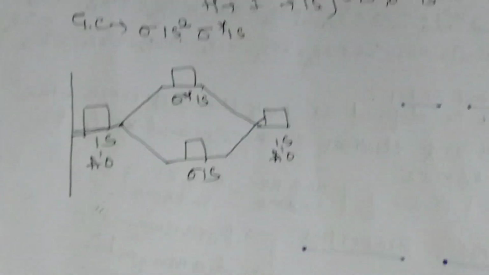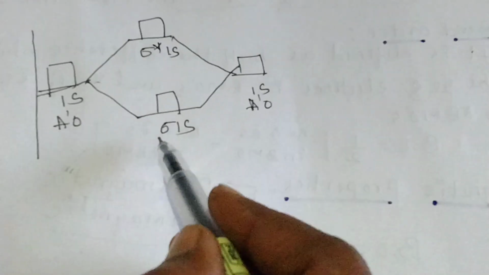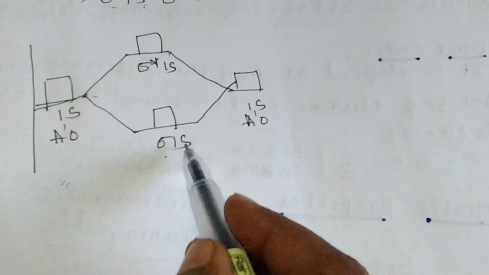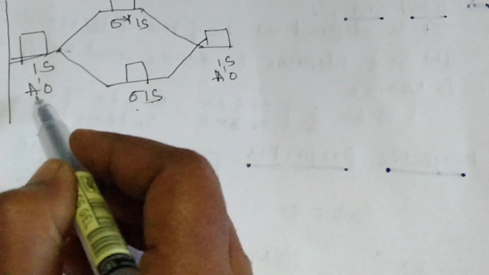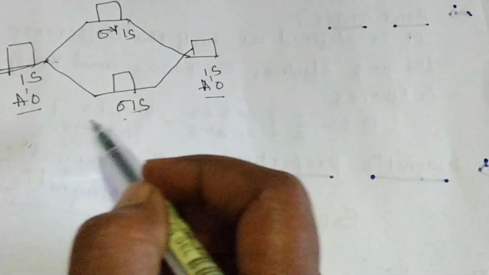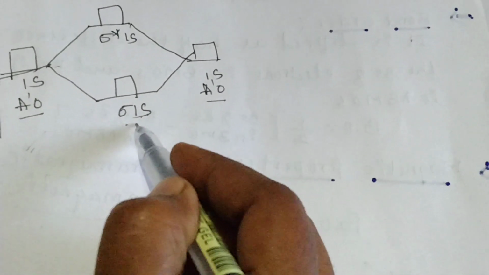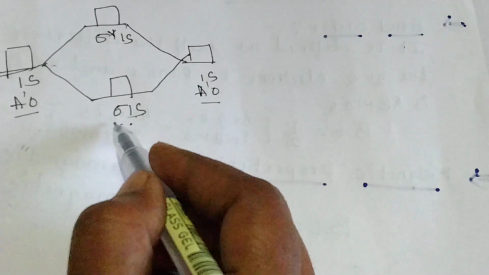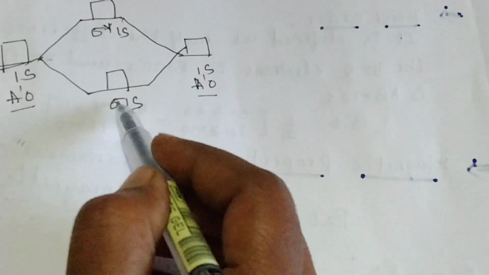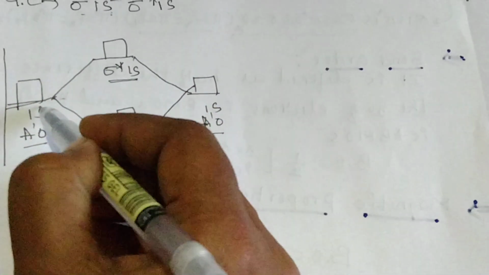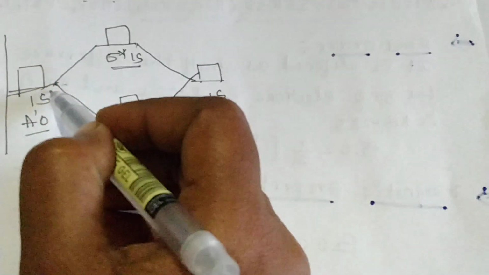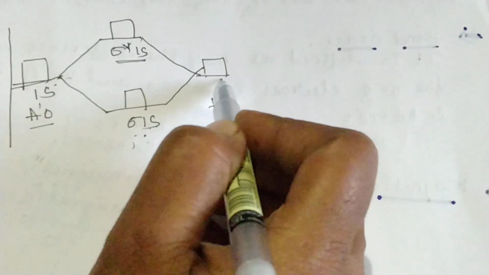Here the bonding molecular orbital has less energy than the atomic orbitals. Similarly, the anti-bonding molecular orbital has more energy than the atomic orbitals.